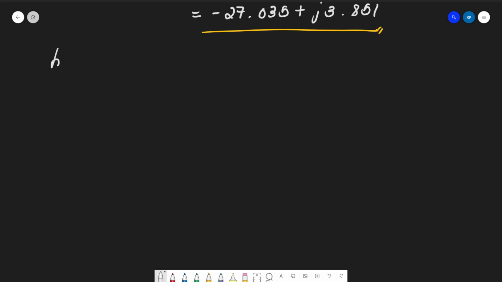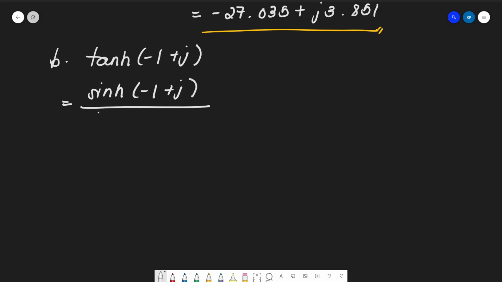So, we have B. Ang hinahanap is hyperbolic tangent ng negative 1 plus j. We all know that hyperbolic tangent is equivalent to hyperbolic sine over hyperbolic cosine.